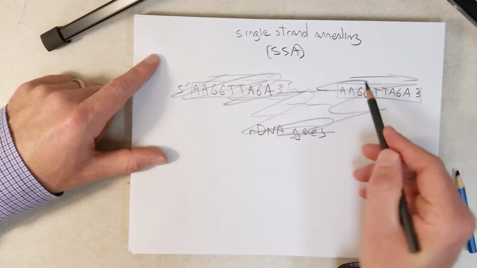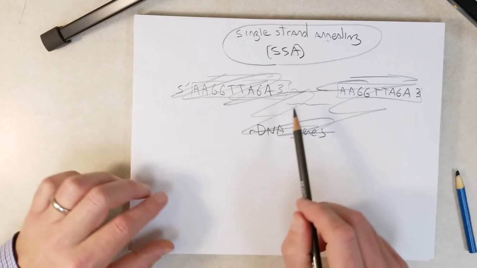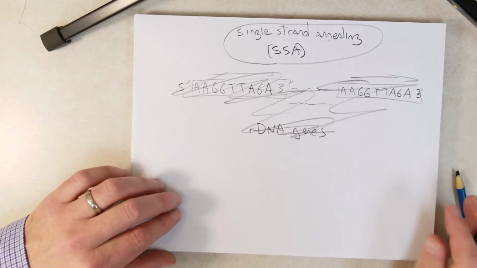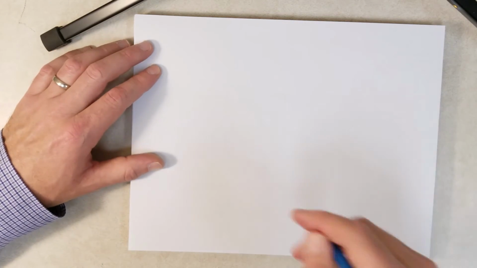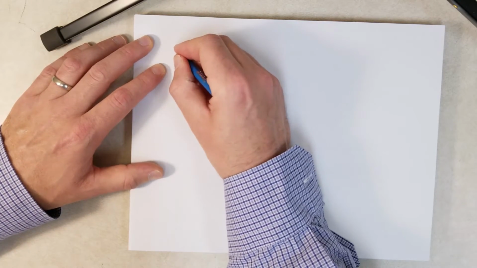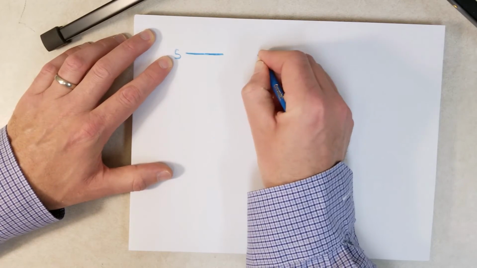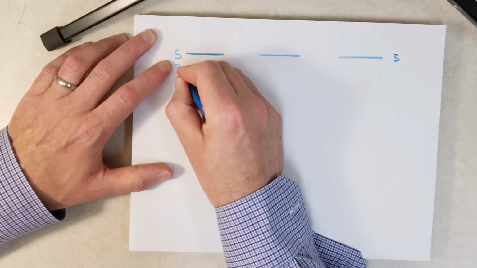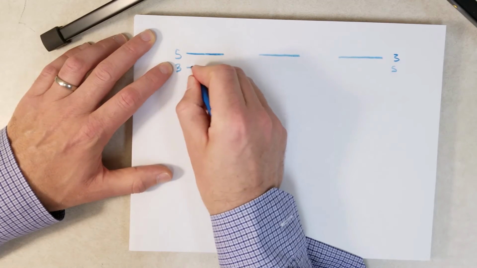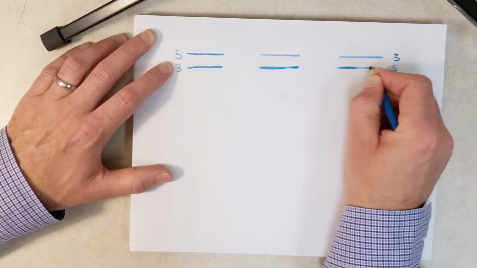So this single strand annealing mechanism is thought to work when we have a double strand break in a region that contains direct repeats, or it can work. It doesn't always have to be the one that is used. So how does this work? Well, I'm going to diagram the SSA mechanism with two colors, and we don't need to look at a recipient DNA molecule and a donor, because the recipient isn't receiving information from a donor.